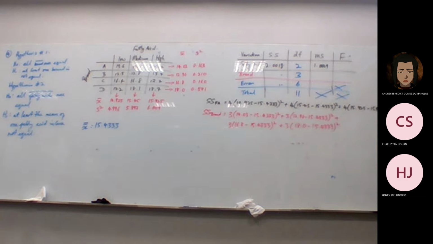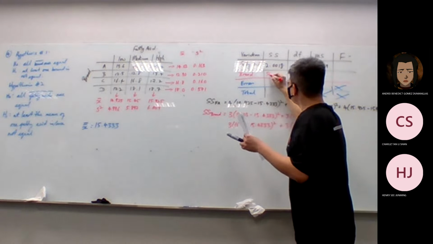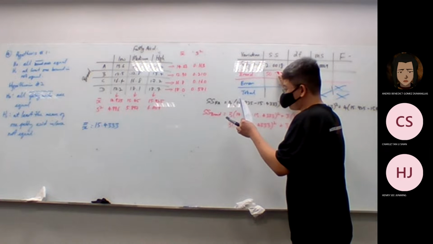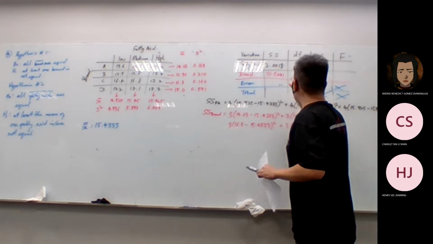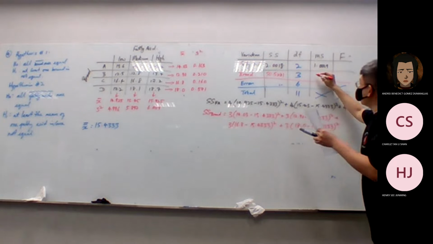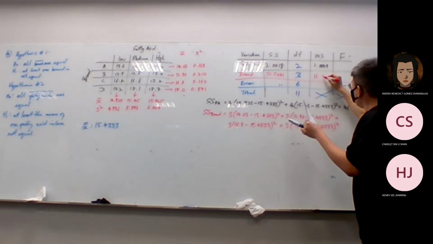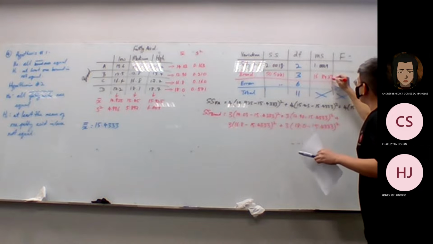Okay. So then you end up here is 50.5281. If you divide that by 3, get 16.8427.